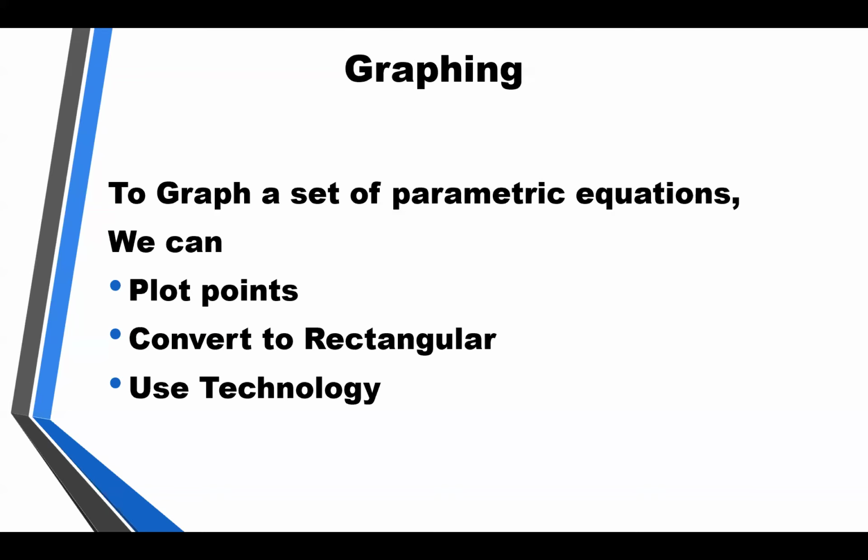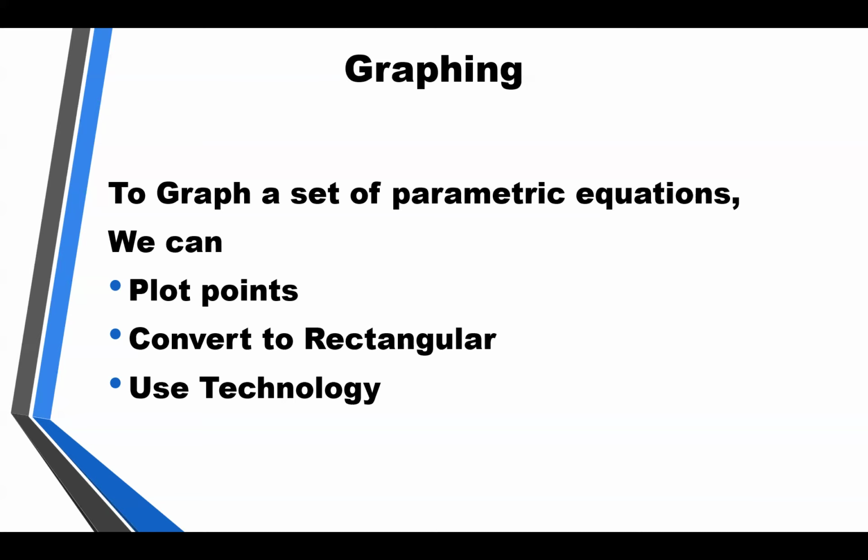If we are trying to create a graph using a set of parametric equations, you can plot points by hand. We will show how to use technology a little bit later and maybe in another video with the TI-84.